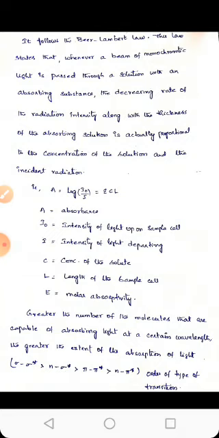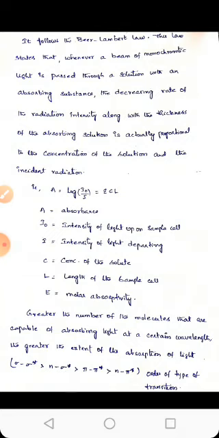That means UV visible spectroscopy mainly follows Beer-Lambert's law, which we have already discussed earlier. When a beam of monochromatic light is passed through a solution with an absorbing substance, the decreasing rate of the radiation intensity along with the thickness of the absorbing solution is proportional to the concentration of the solution and incident radiation.